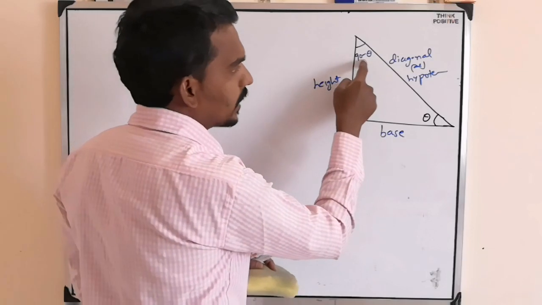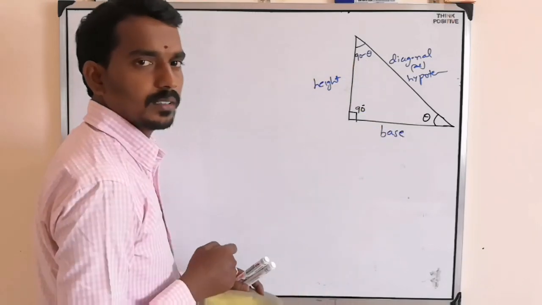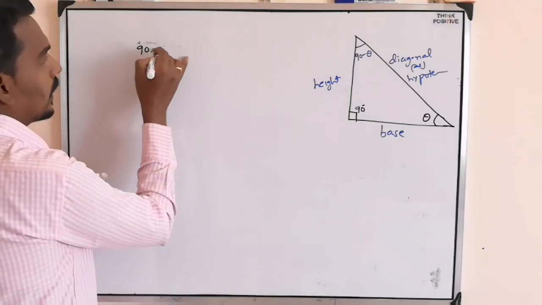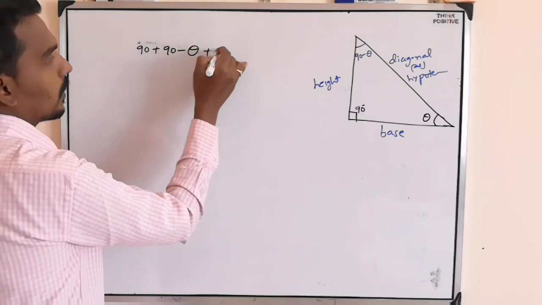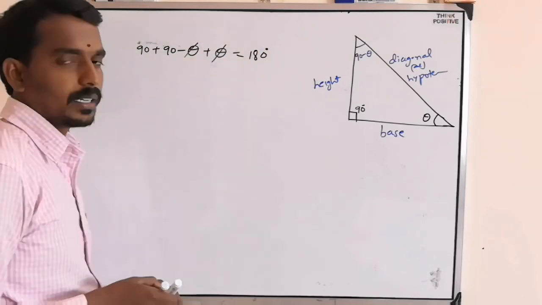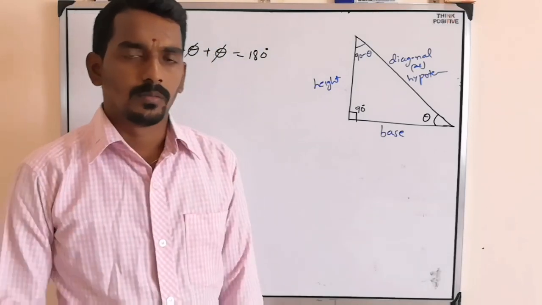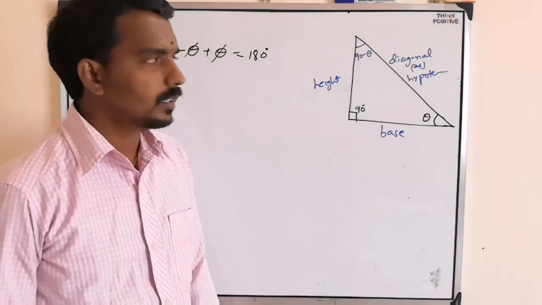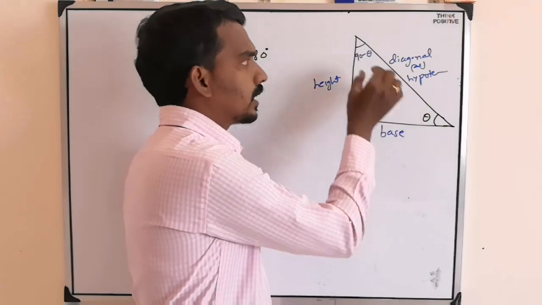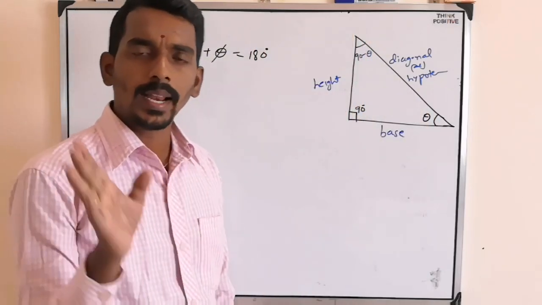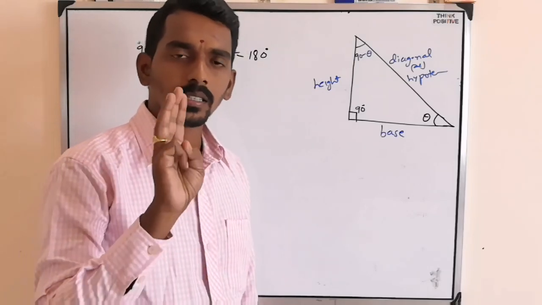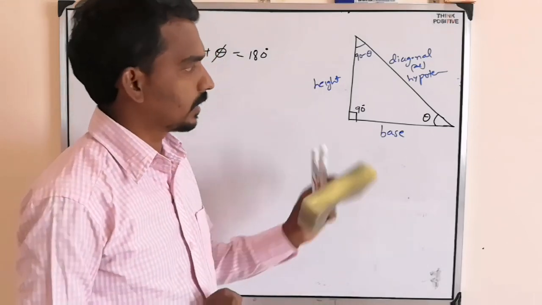So 90 minus theta plus theta is how much? 90. So the total angle, 90 plus 90 minus theta plus theta, theta and minus theta cancel, equals 180 degrees. One more important thing: if you take this theta, this is 90 minus theta. If one angle is theta, the other will become 90 minus theta, because the third one is always 90 degrees.